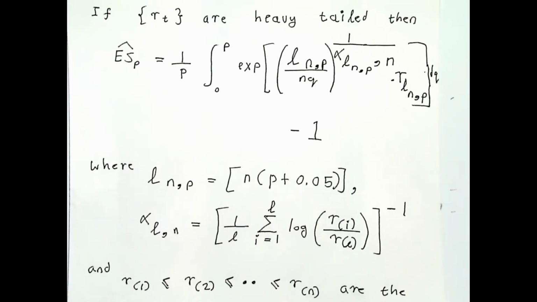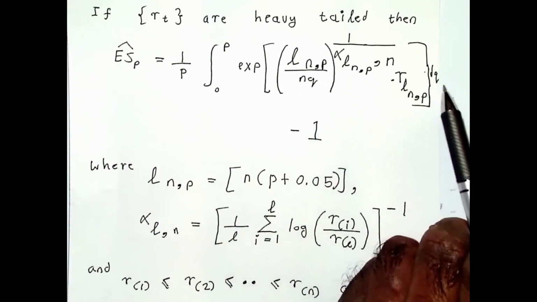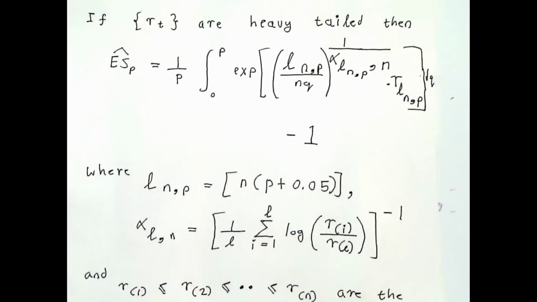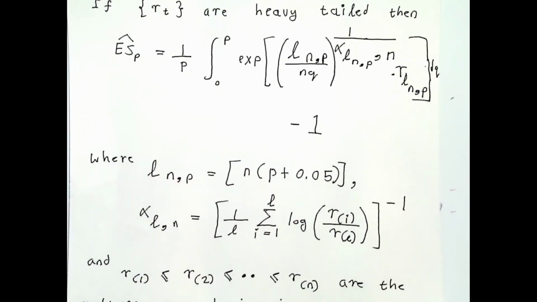Okay, and q here is the variable of integration. Okay, so this is one method. This is one method for estimating expected shortfall semiparametrically.